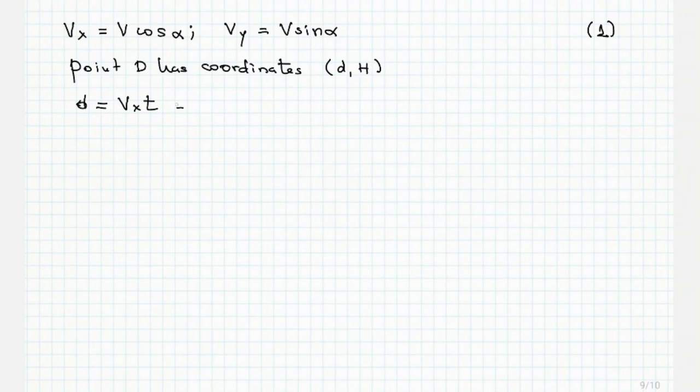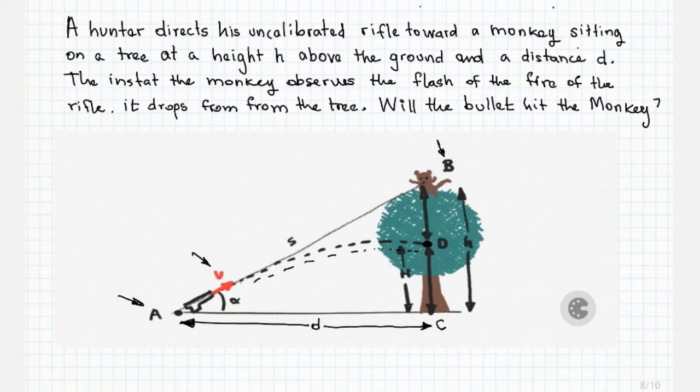But from equation 1 we know that the velocity along the x-axis is equal to v cosine of alpha, multiplying the time.